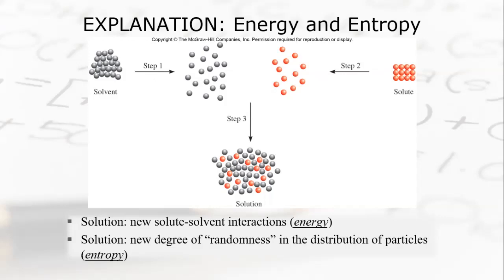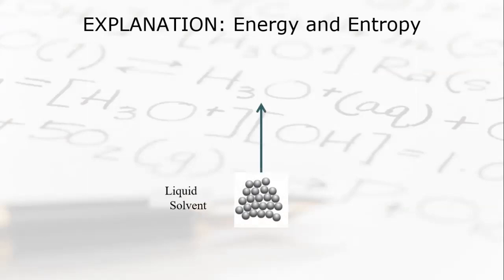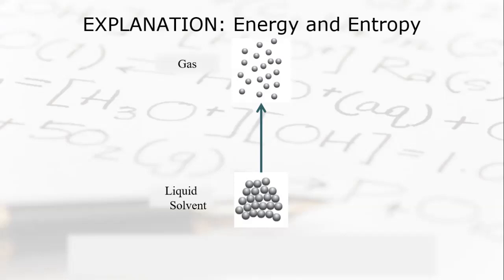Now let's do some charts here so we can see what happens and the difference between a pure liquid and the solution. So let's start out with our solvent. Let's say that your solvent is pure, and what you're going to do is you're going to vaporize it. Notice that for the same reason we said that when the solute was dissolved in the solution, it became more random.